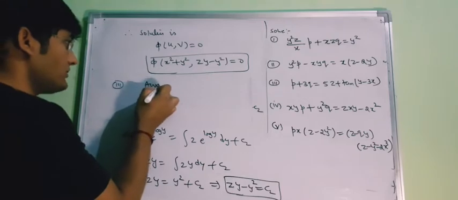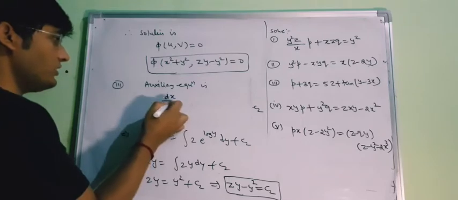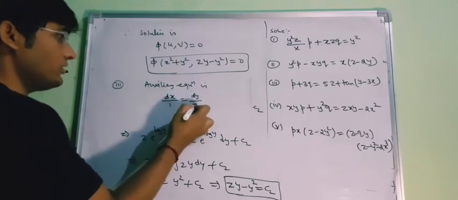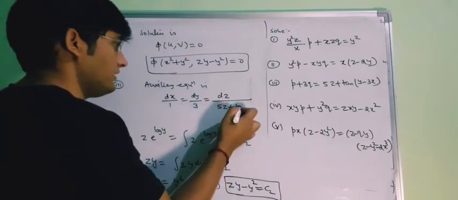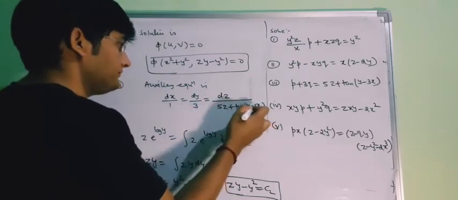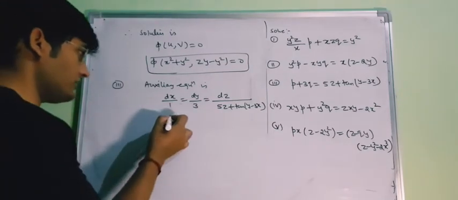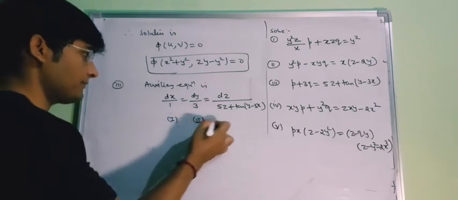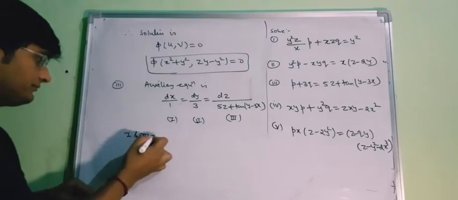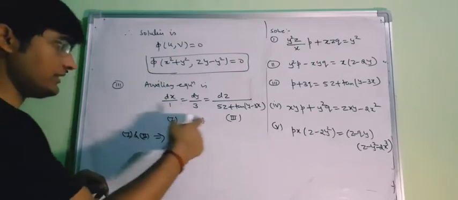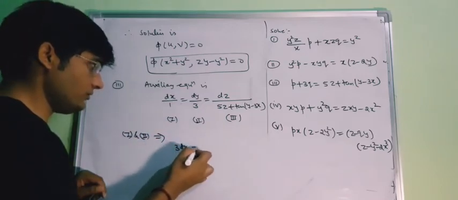Auxiliary equation in this case will be dx upon 1 equal to dy upon 3 equal to dz upon 5z plus 10y minus 3x. Now first of all, let us take first and second. So first and second implies 3 times dx equal to dy.